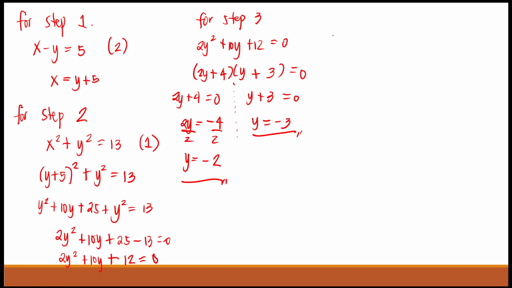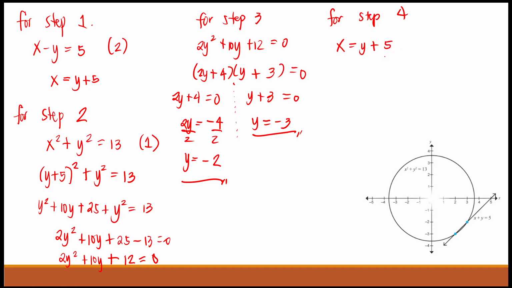For step 4, we substitute these values in step number 1, I'm sorry. So step number 1, we created the equation x equals y plus 5 from equation number 2.